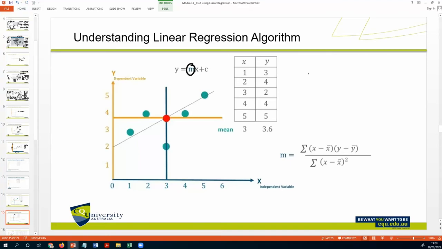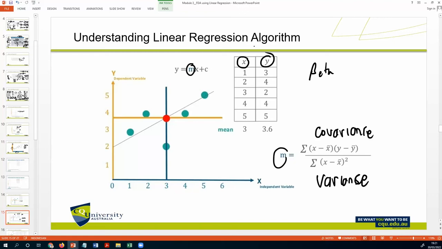As a beta. So what is the formula? M equal to covariance of the two variables divided by the variance. What is the covariance? The covariance is the relationship between X and Y, which is X minus mean of X times Y minus mean of Y. This is covariance, the relationship between two variables.